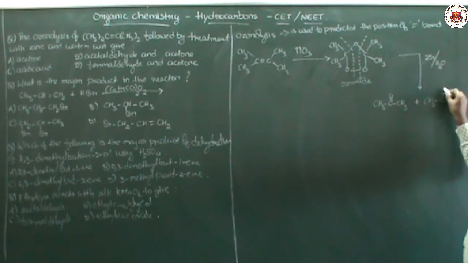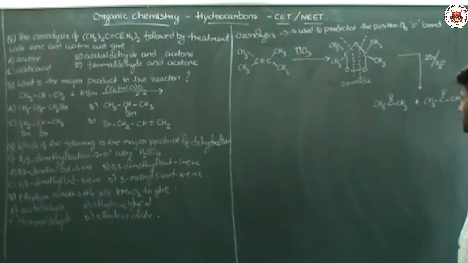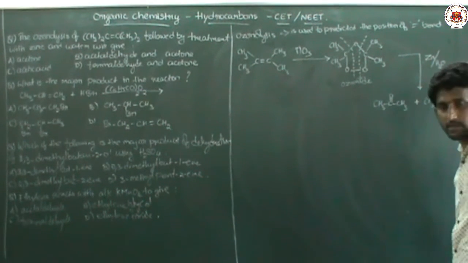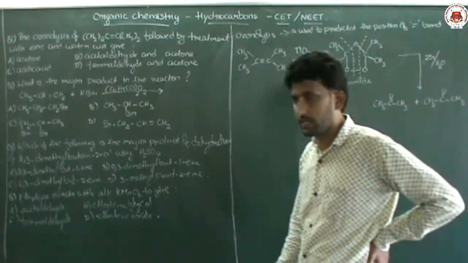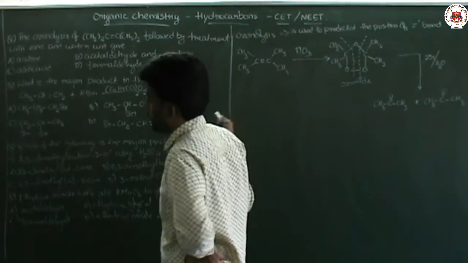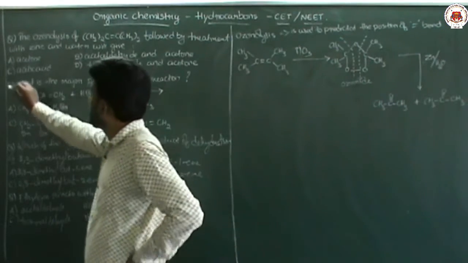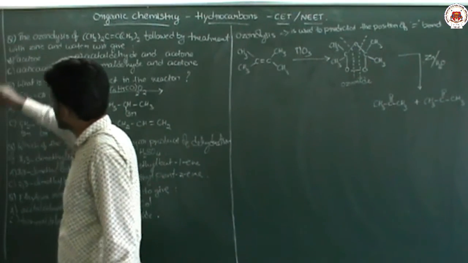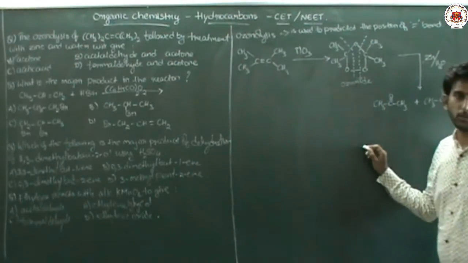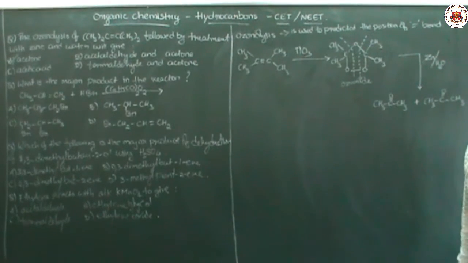So 2 moles of ketone is obtained. 2 moles of acetone is obtained by the ozonolysis of 2,3-dimethyl-2-butene. So the answer is acetone only. Option A. So basically ozonolysis is treatment with ozone followed by zinc hydrolysis.